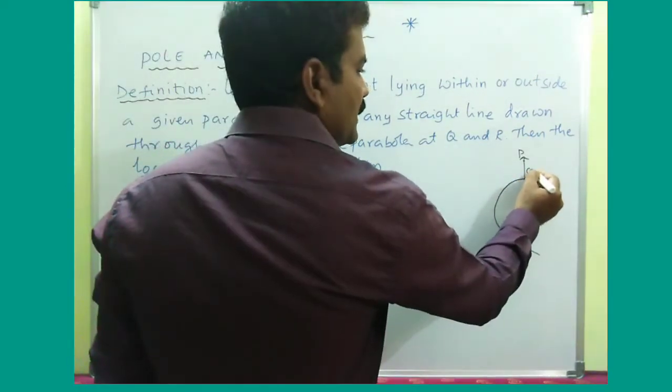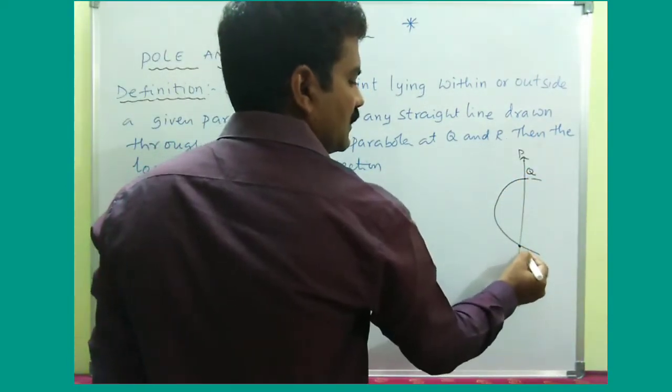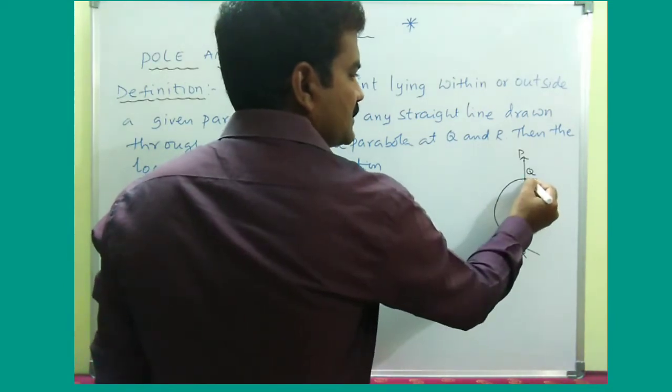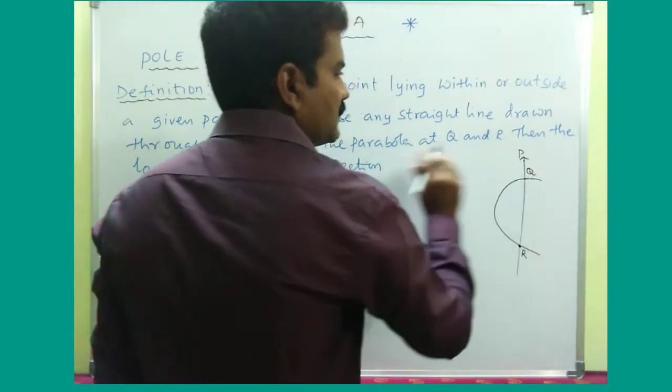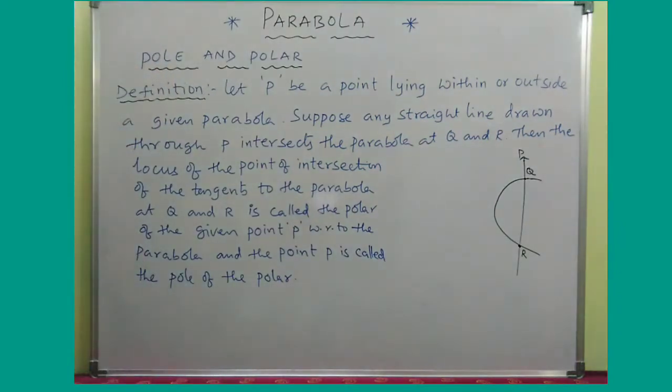Say those 2 points as Q and R. So the first point is P can be a point either lying in the parabola or outside the parabola. Now any straight line drawn through P meets the parabola at 2 points, say Q and R.